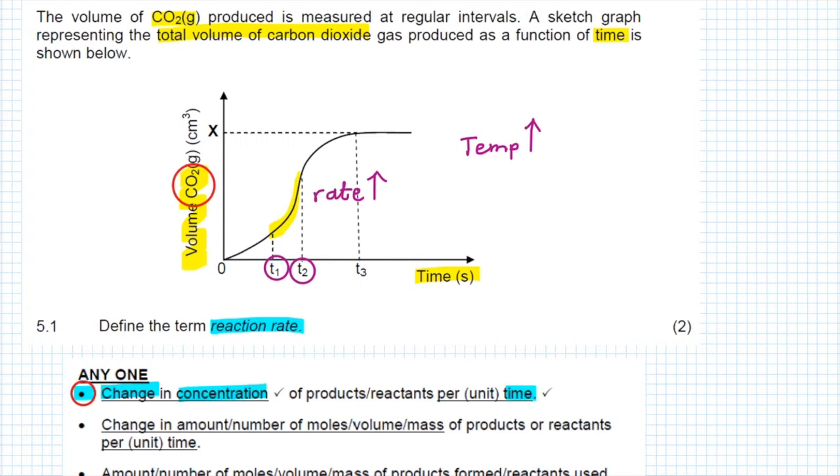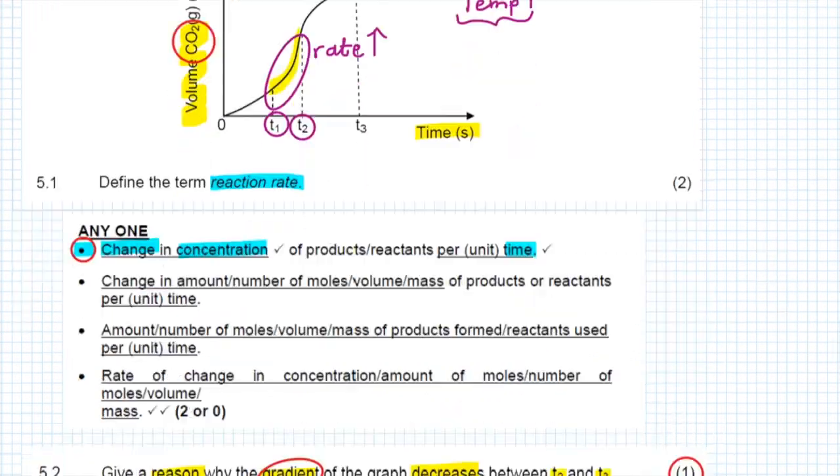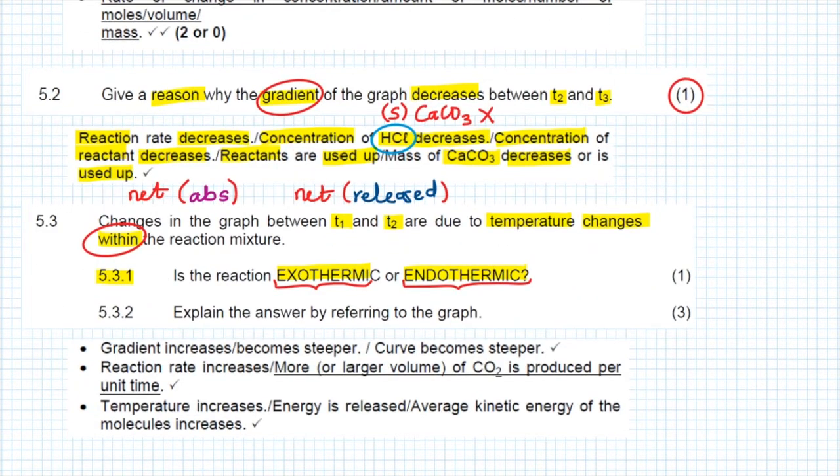So we know that in order for this change to take place between T1 and T2, the temperature needs to increase. So if we now go to answer this question, increase in temperature means that the reaction is exothermic, and we write this down for 1 mark.